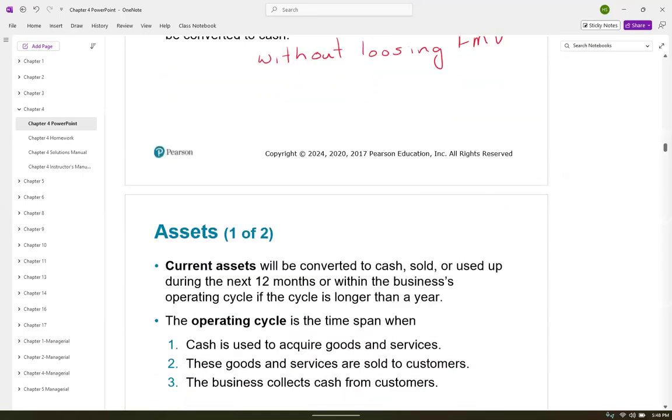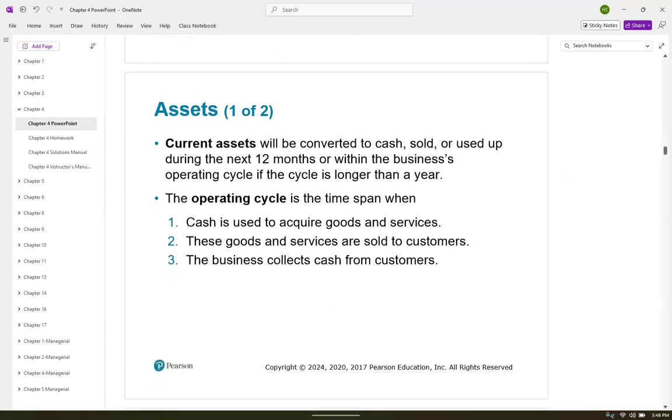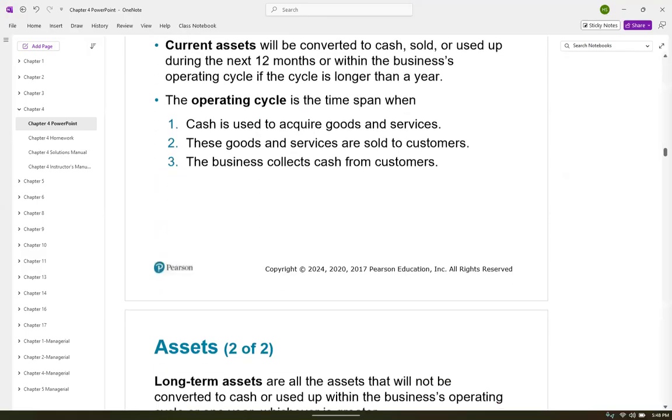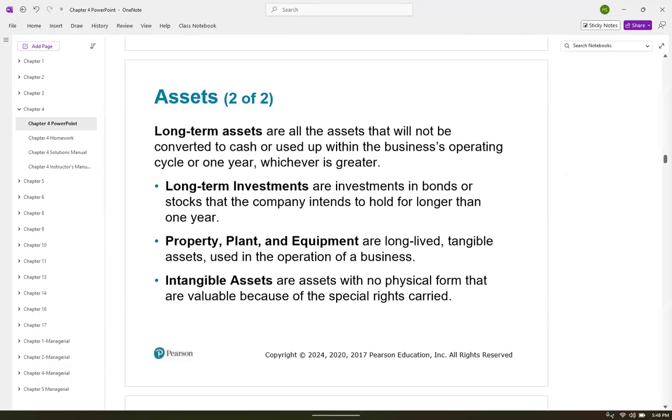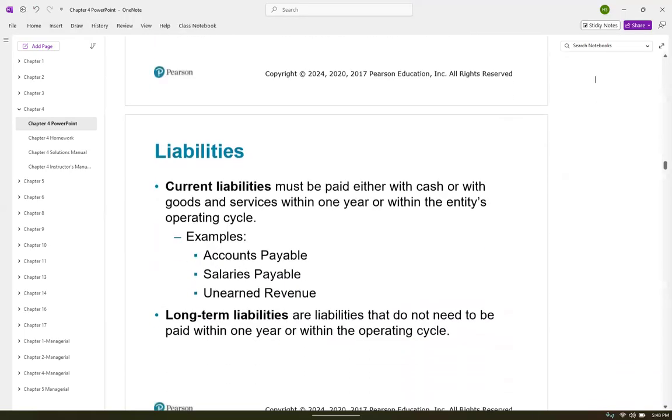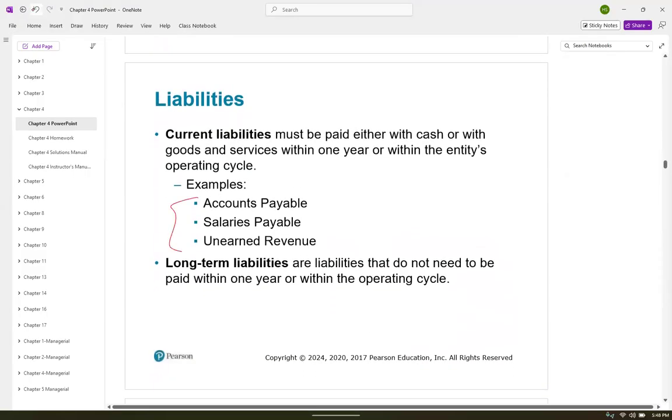That's not a very liquid asset because there's very few people interested in that type of asset. So that's liquidity. I've already talked to you about current assets being used or sold within 12 months. We have long-term assets. I don't think I mentioned long-term investments. I did mention intangibles and property, plant, and equipment though. And look, those are the exact accounts I used as our example for current liabilities.